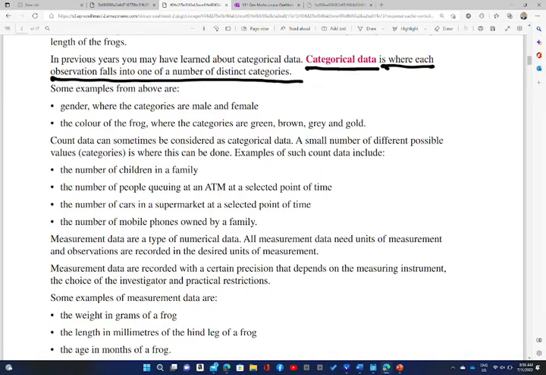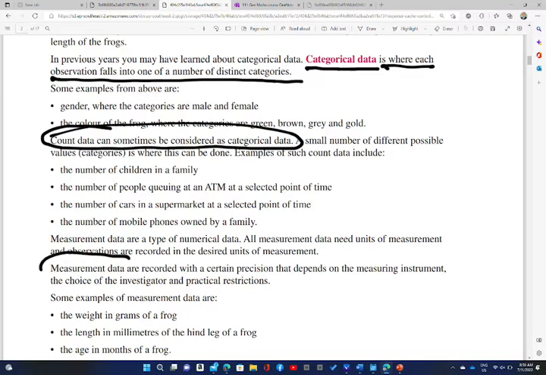It helps you organize your work to separate things into categories. Sometimes categorical data can be a number, if that number is a count. For example, the number of children in the family, the number of people at an ATM line, etc. So count data can also be considered categorical data.